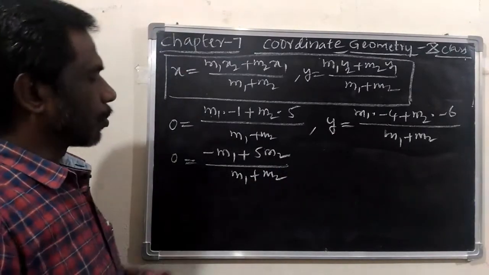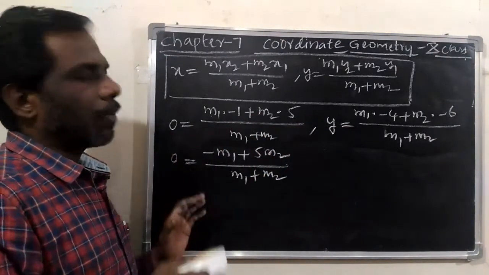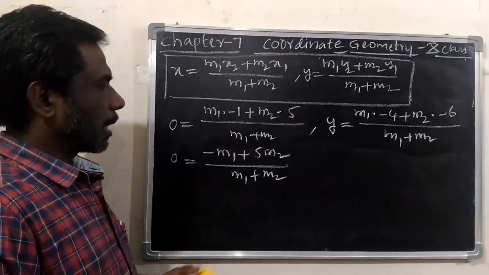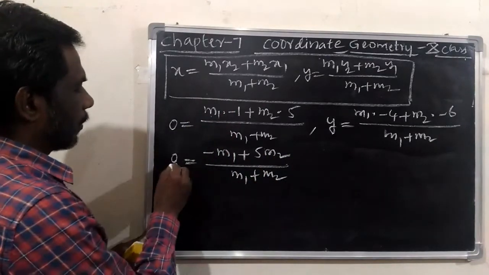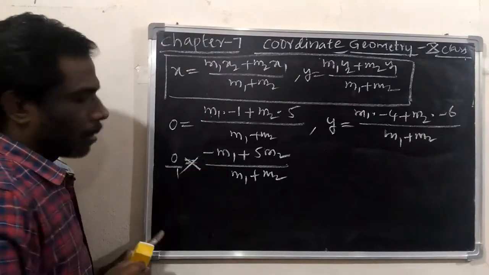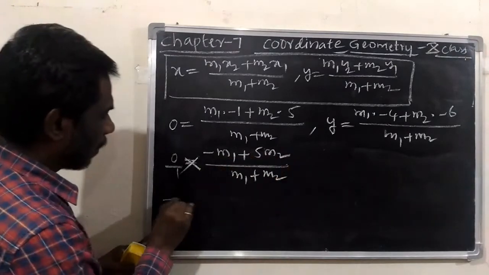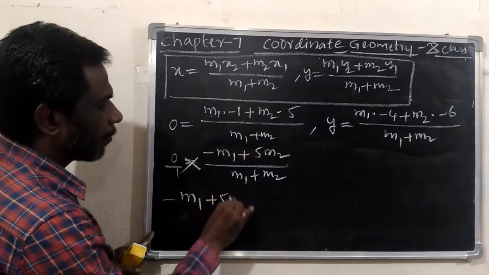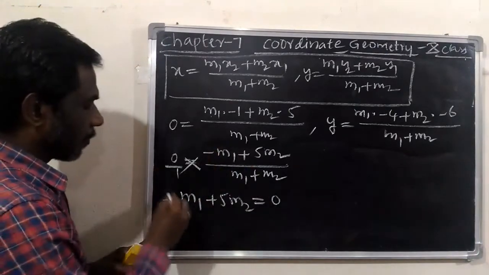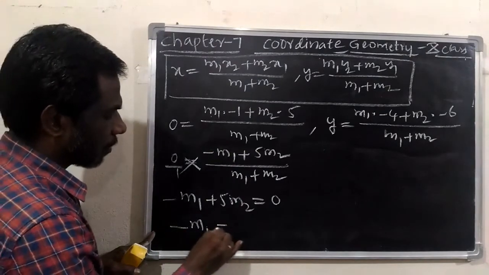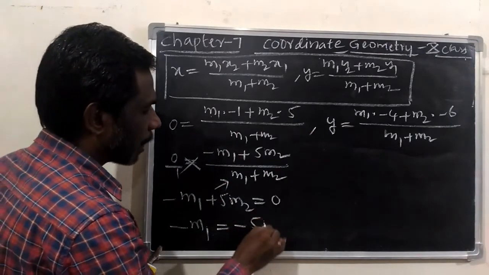To find m1, m2, that is the ratio, we have to solve any one of these two. So I am solving this part. We can write it over 1 and cross multiply: 1 into (-m1 plus 5m2) equals 0 into anything, which is 0. So -m1 plus 5m2 equals 0. Take 5m2 to the right side, it becomes -5m2.